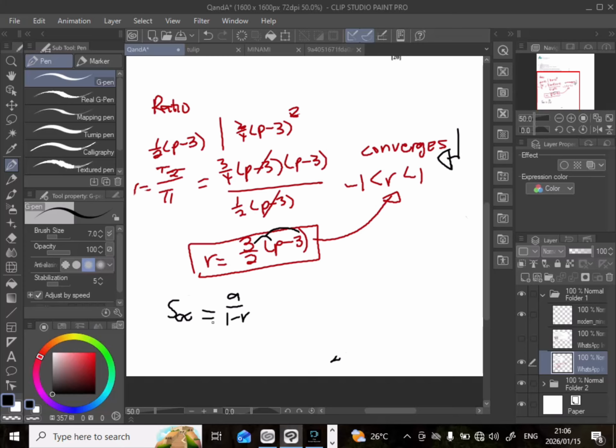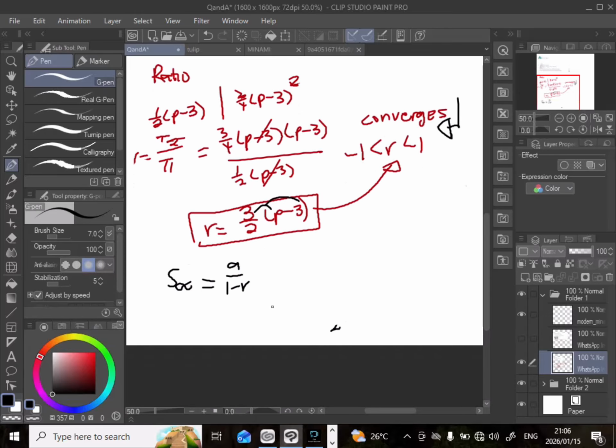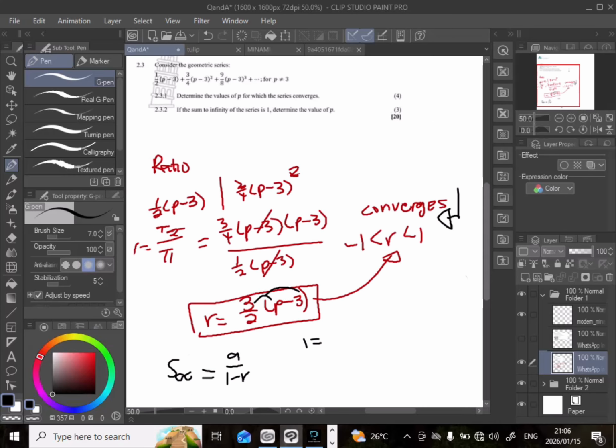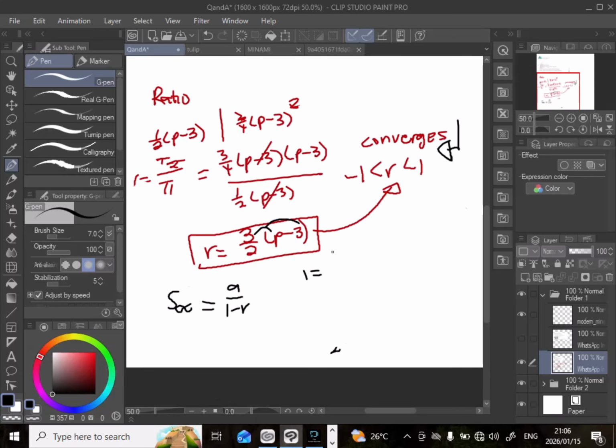They told us that the sum of these infinite terms is equal to 1. Therefore, 1 equals the first term, half p minus 3 in brackets, divided by 1 minus 3 over 2 p minus 3.